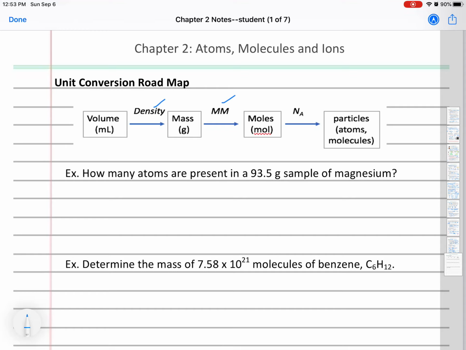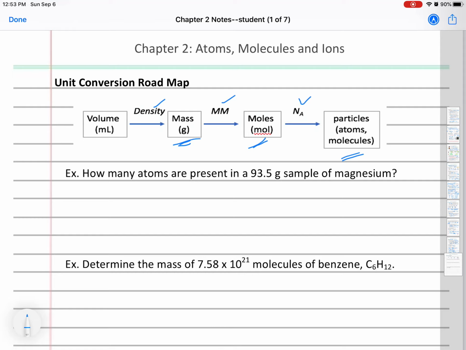Molar mass, which is grams per mole, and Avogadro's number, which is particles per mole. So we can use those as conversion factors to convert between different measurements. If we know the volume of something and the density of it, we can figure out its mass. If we know the mass and we want to know how many particles it consists of, we can do that too. We have to convert mass to moles, and then we can convert moles to particles.